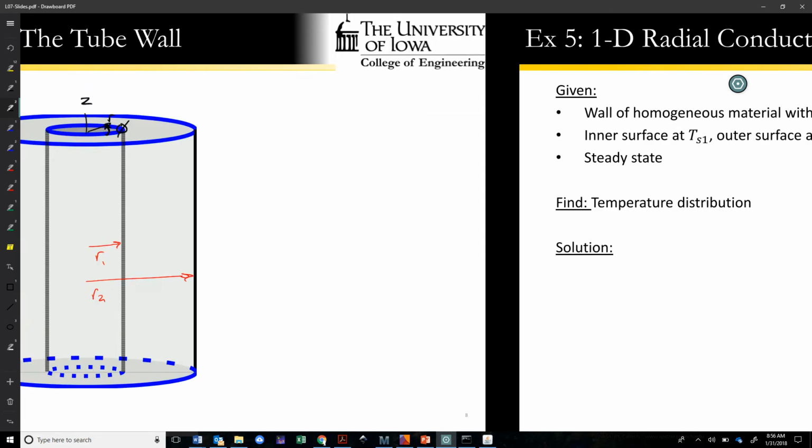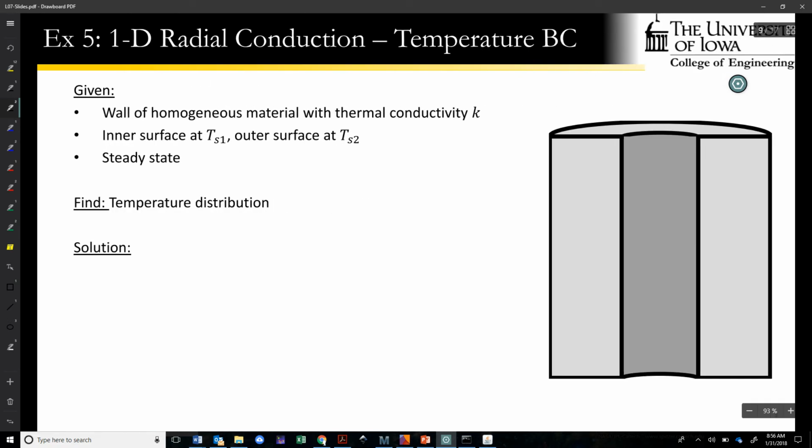So if we go ahead and cut this cylindrical tube in half, we kind of have our view of how we're going to view this as the one-dimensional wall. So, similar problem to before. Let's imagine that we've got our homogeneous material. In this case, instead of a wall, this is actually a tube.